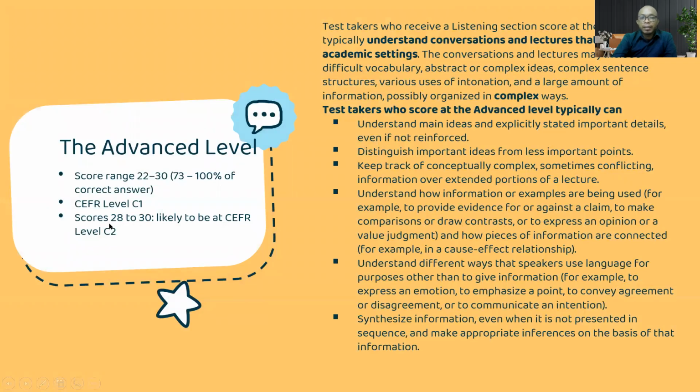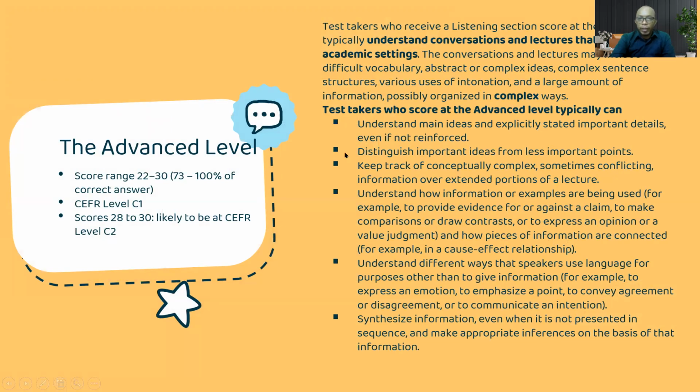And if you get the score of 28 up to 30, then that can mean that you are at the highest level. If you are an advanced level listening student, that means that you can understand conversations and lectures that take place in academic settings. And you can understand a lecture or conversation that is organized in complex or complicated ways.